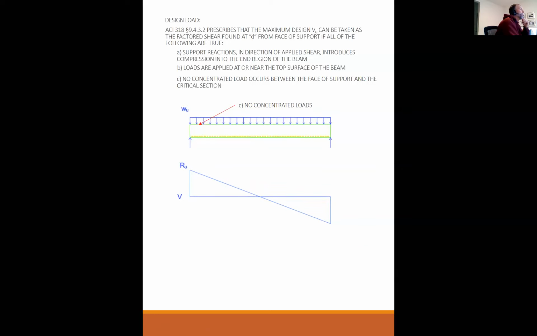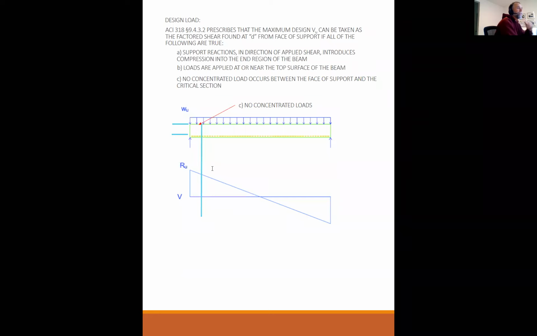What the code is allowing us to do, and I think I might not have done this very clearly, is this: if I go the distance, this distance right here is D. If I go that distance out from the end of the beam here, and I go straight down like this, what the code is saying is that I don't need to design for RU.